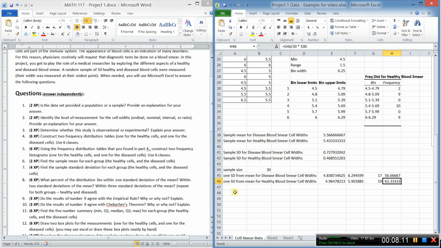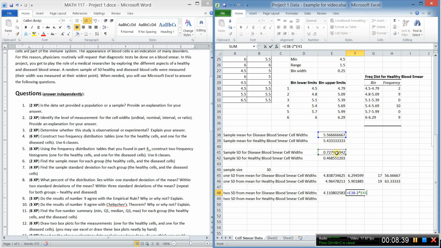So the only thing that changes when I change this to 2 standard deviations, everything is exactly the same, except I do the mean, and I subtract off 2 times the standard deviation.